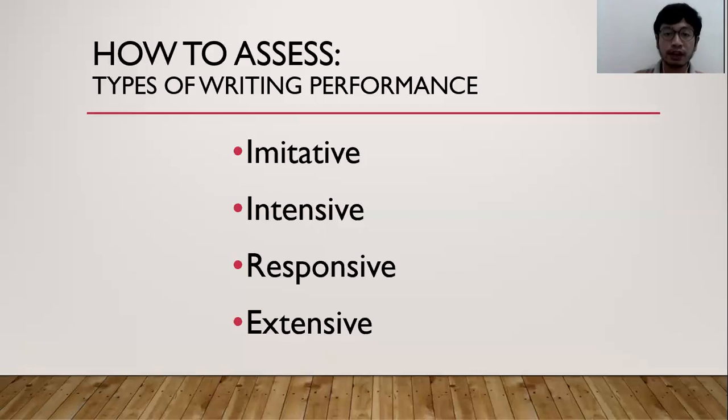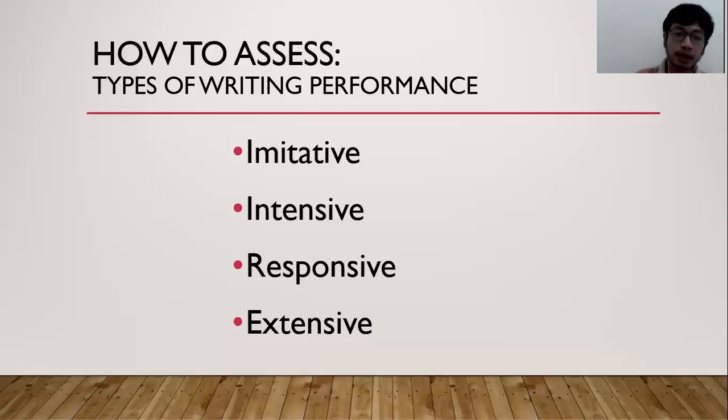So responsive is the first stage of the macro skills. Why is it macro skills? Because in responsive tasks, the test takers will deal with paragraphs. So they start to write at discourse level. They start to write paragraphs. So when you assign the students to write paragraphs, to compose paragraphs, it means that you start to integrate a responsive task to the students.